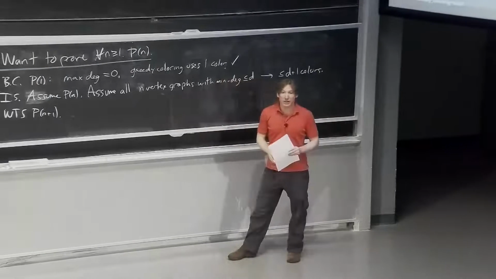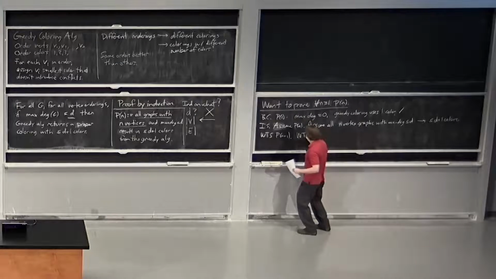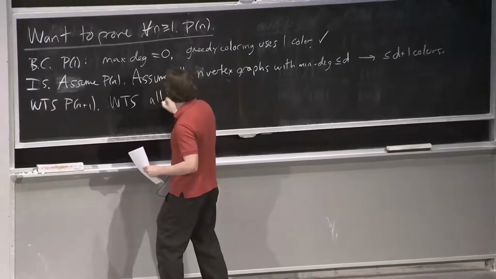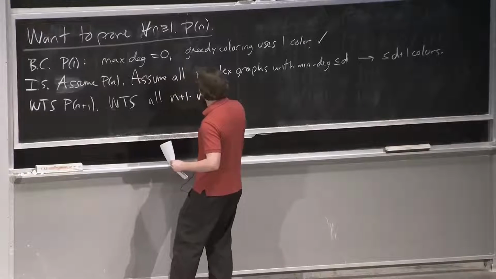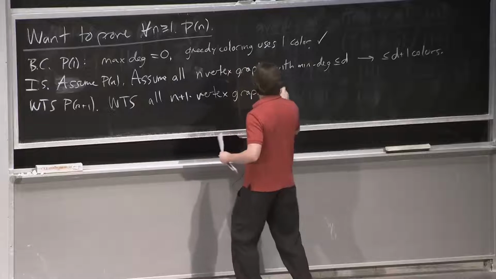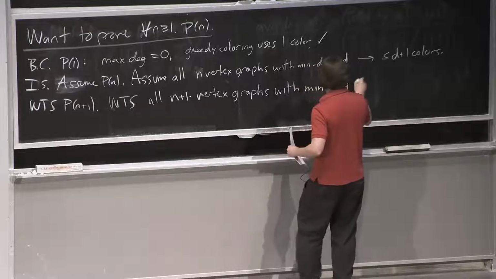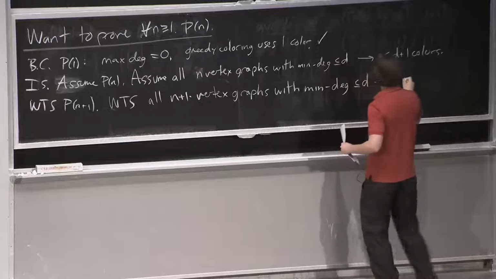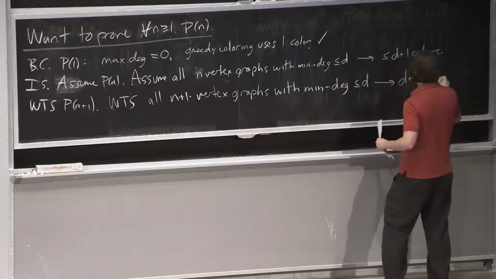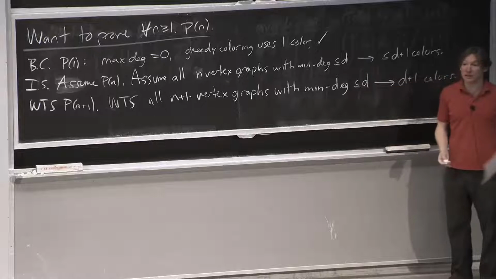We're assuming P of n. And we want to show that all n plus 1 vertex graphs with max degree at most d produce at most d plus 1 colors. All I've done is write out what Pn and Pn plus 1 mean in context.